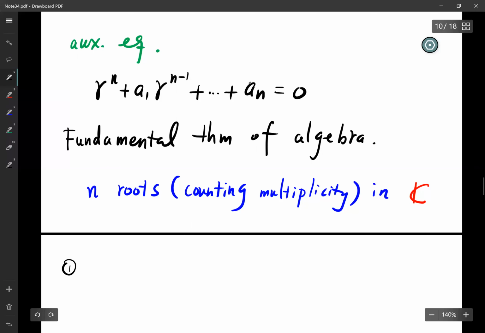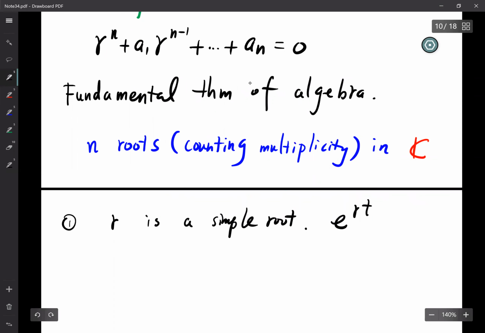Now, let's say you want to know the general solution to this homogeneous equation. Now we ask whether, let's say r is a root, a single root or a simple root. So I know that exponential rt is a solution.